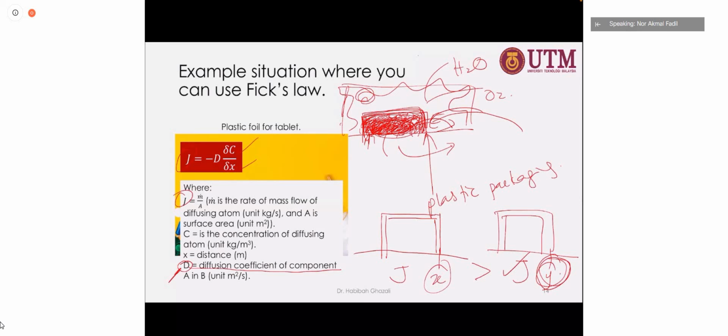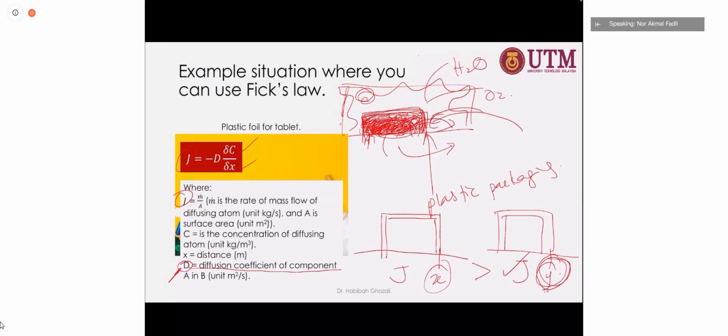Then we can ensure that our selection, based on the comparison study, is the better material, or we compare with the database. For example, the FDA or the health ministry sets a standard requirement for the packaging.